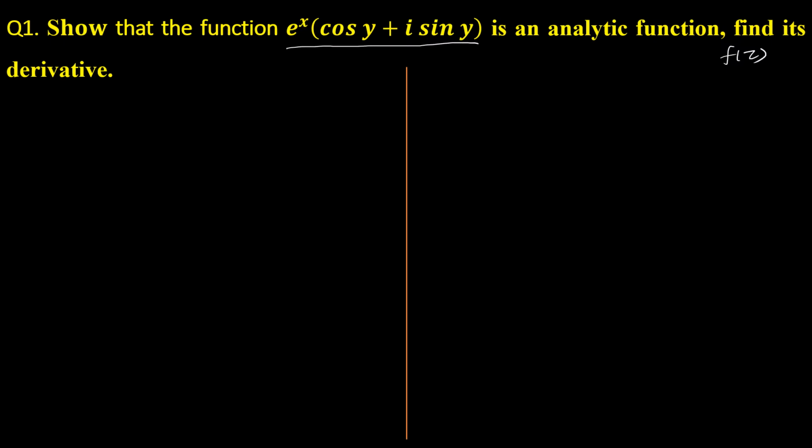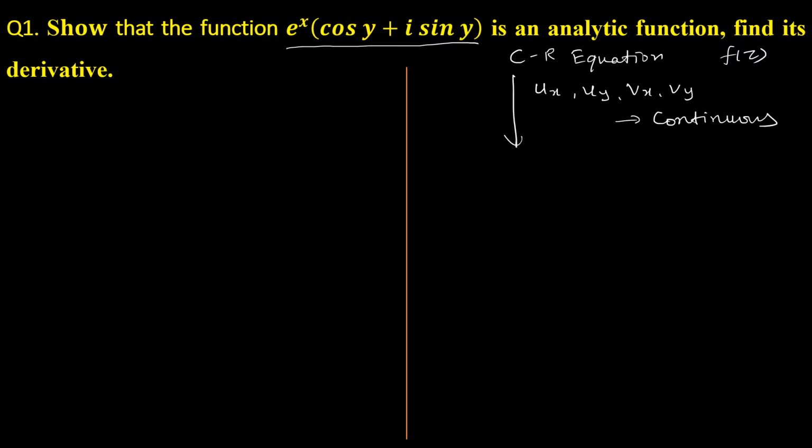So once we have to prove the function is analytic, we have to use the CR equation. So the real and imaginary parts will satisfy the CR equation, and the partial derivatives that we have, ux, uy, vx, vy, all are continuous.